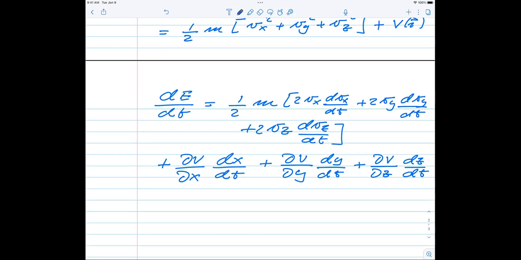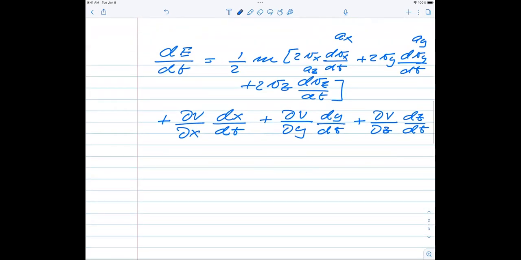Now, if we now go back to these expressions, we know that the derivative with respect to time of the velocity is acceleration. So this quantity you see here is nothing but the acceleration in the x direction. This quantity here is the acceleration in the y direction, and this is the acceleration in the z direction. So that means that if we multiply with m, we can replace everything with forces.